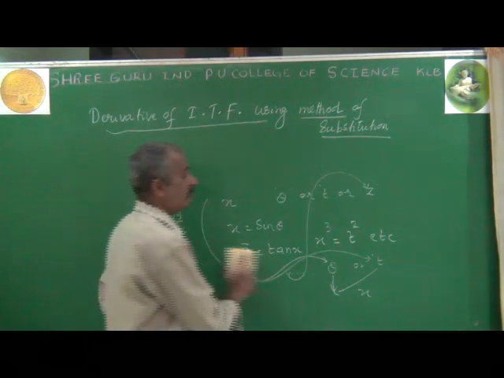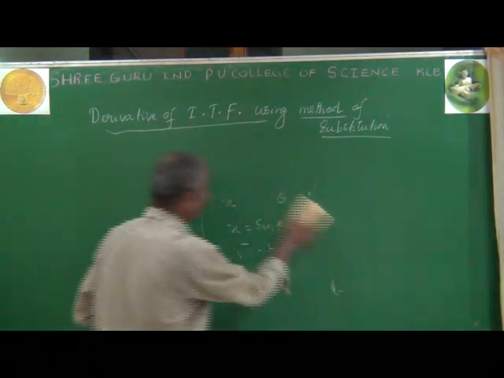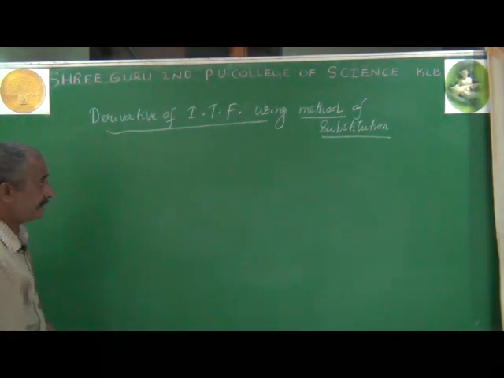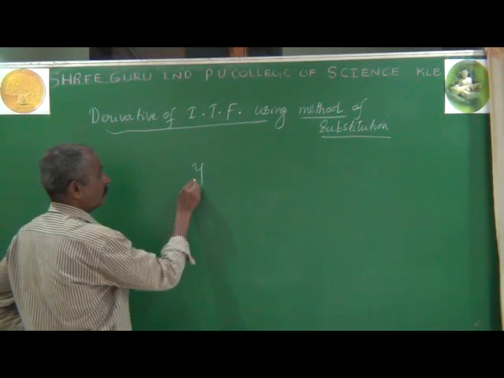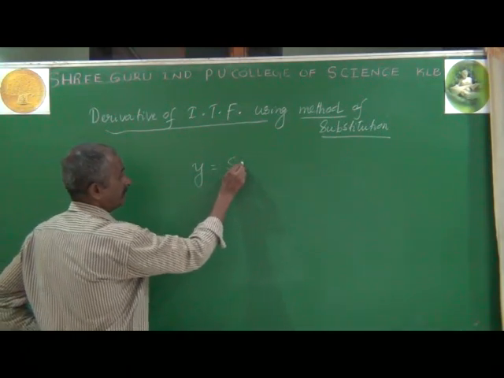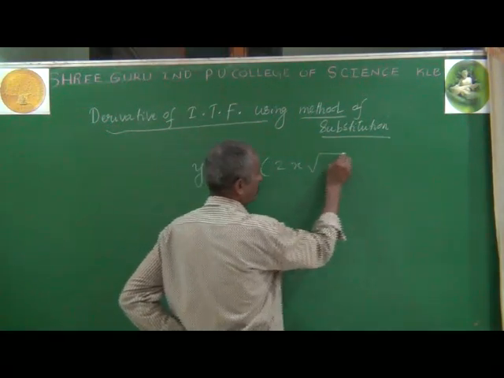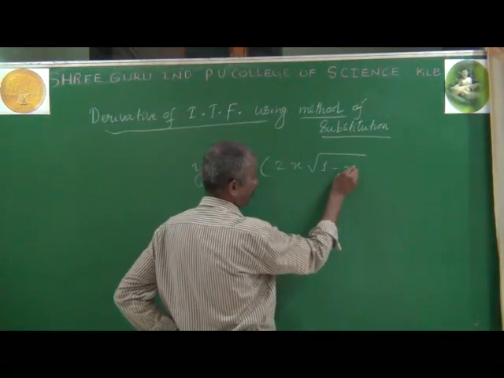As an example, to help you understand, see this problem. Suppose you are given that y equals sine inverse of 2x into square root of 1 minus x square.